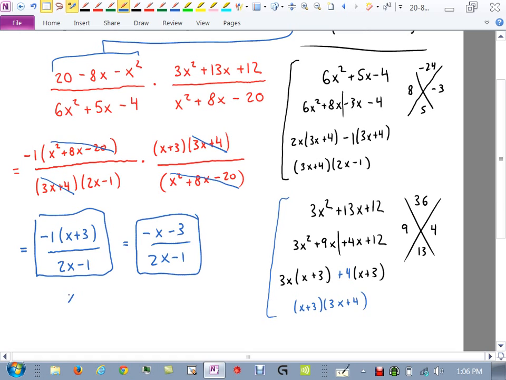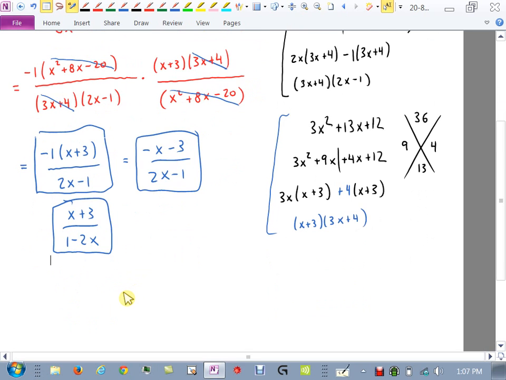Or could I have done this? Is that the same? Look at that last one I put here. Is that the same as this? What happened? Look at this one right here. Remember that negative out in front? Didn't I say a negative on a fraction, you could drop it down?